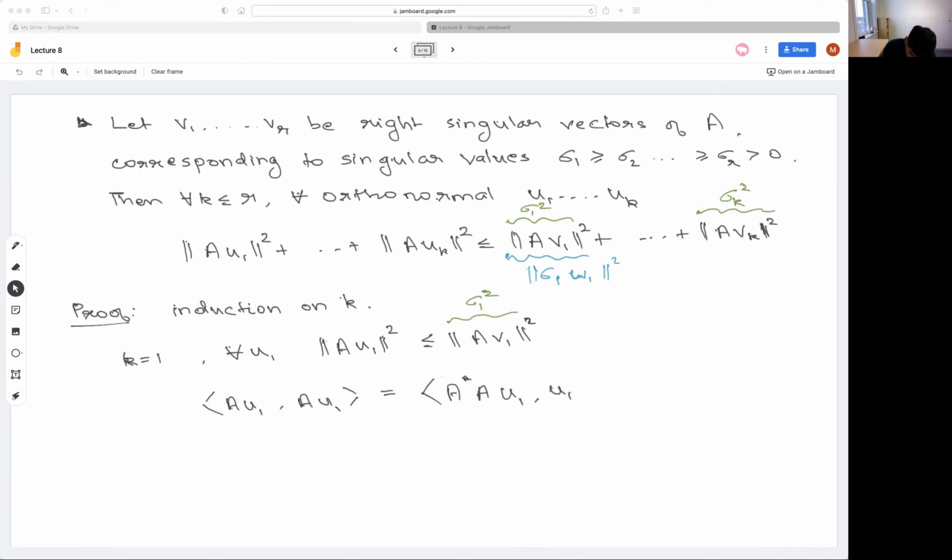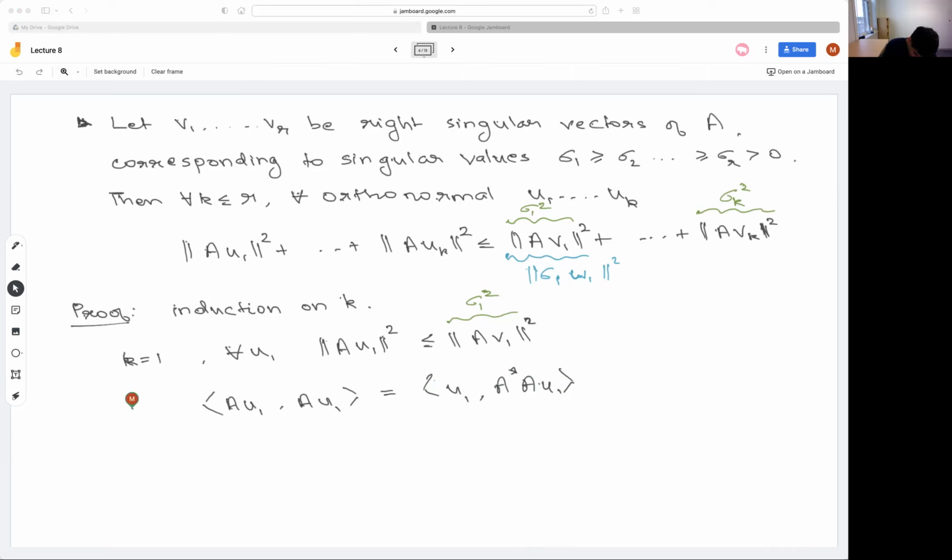Or let me do it this way. And A star A or A transpose A are the same thing, because the entries of A are real here.